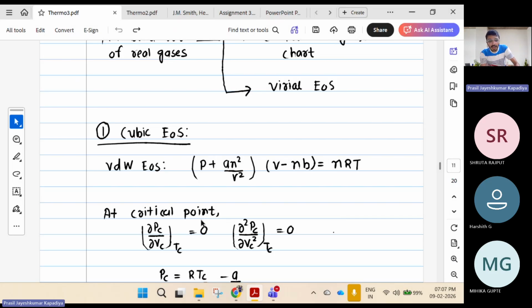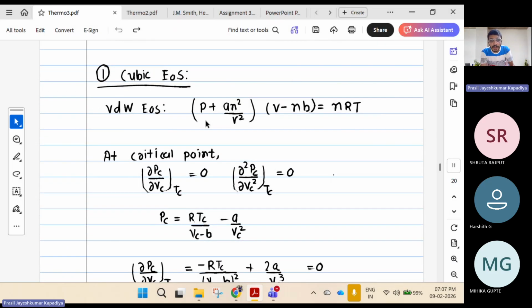I deal with that by adding the a/V² term. Here a represents the intermolecular interactions present between the gas molecules. You can forget n² right now because n is just the number of moles. And the other assumption was that the volume occupied by the molecules is negligibly small compared to the volume occupied by the gas.